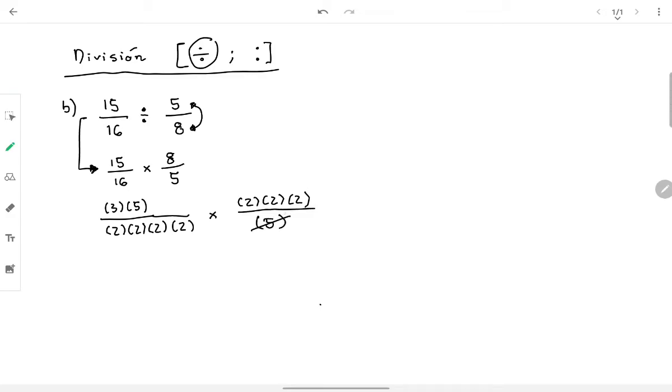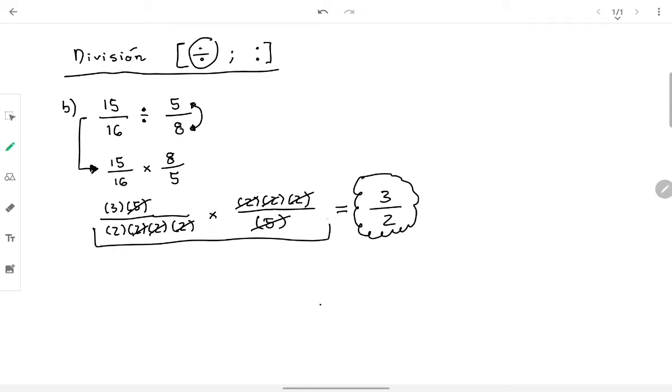So let's see, we can eliminate this 5 with this 5. We can eliminate this with this, this with this, this with this. So we will have only as a result 3 halves. We will be getting a simplified answer because we made the simplification here in this part.